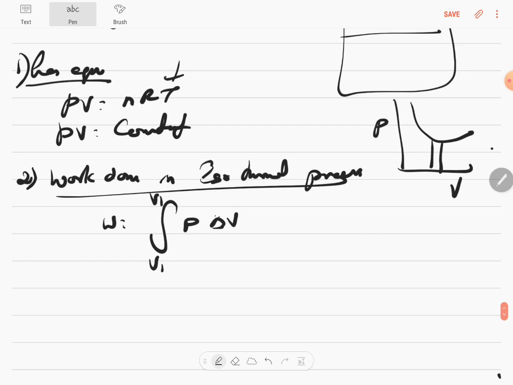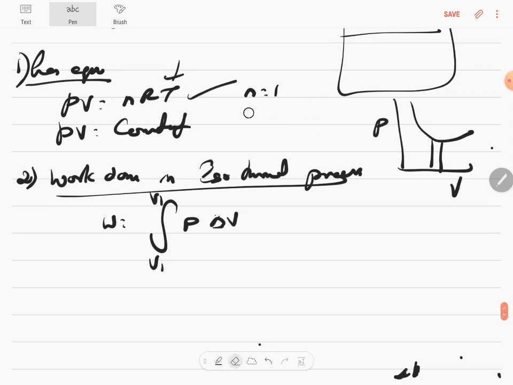But here PV is equal to nRT. Let it be nRT. So what is P from here? P is nRT by V. Just substitute it here.